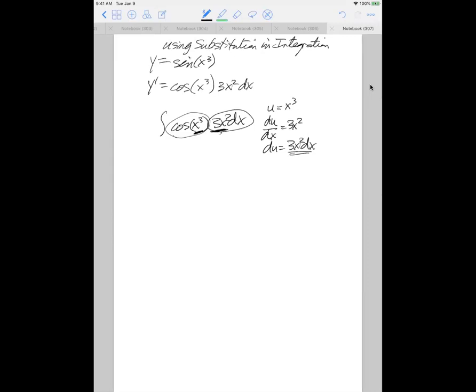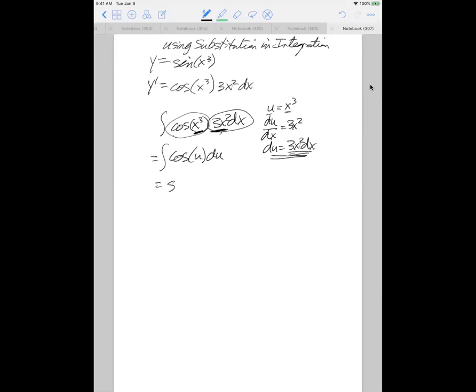Once we recognize that, now we go in and use substitution. So I've got my u equal to x to the third. Now I can rewrite this as the cosine of u times my du, that is 3x squared dx. And that condenses all the conglomeration of factors down to just the substitution. What's the integral of cosine of u?